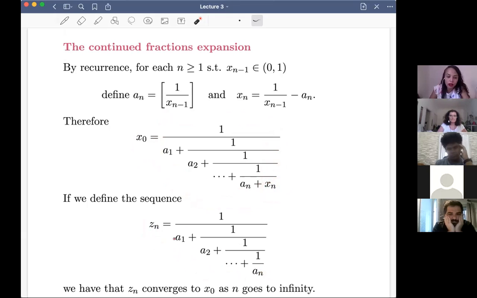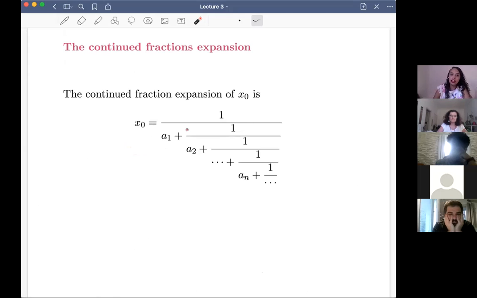You have to work a bit to prove it, but it's simple because all the an are natural. Moreover, you also have to work a bit to prove that Zn converges to x0 when n goes to infinity. So this is what we call the continued fraction expansion.